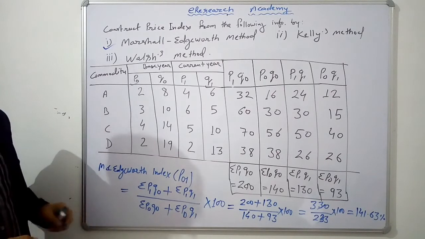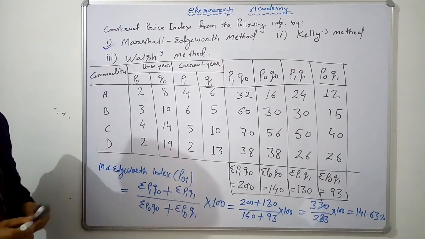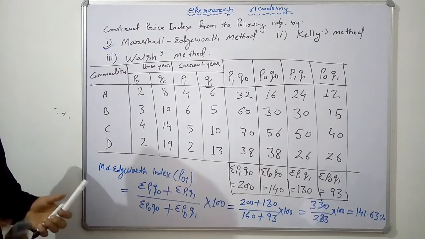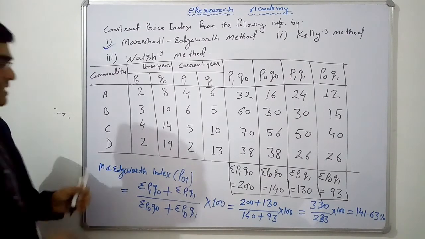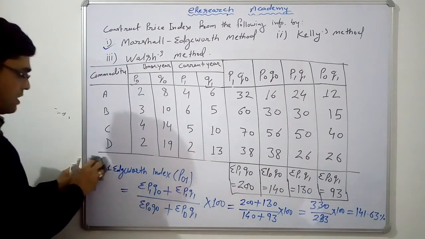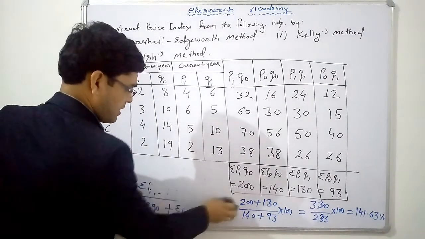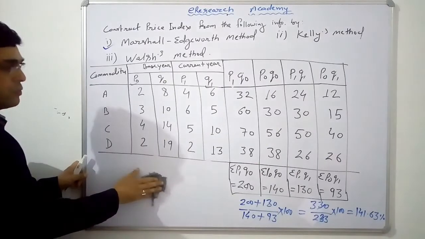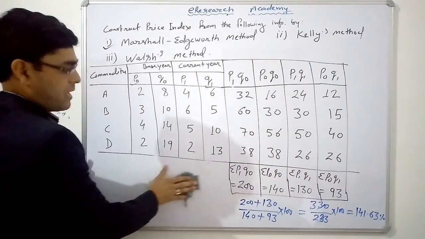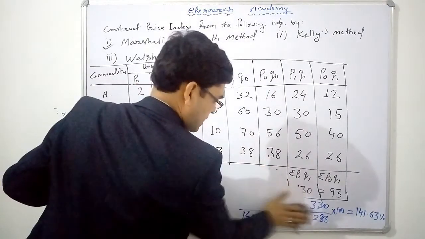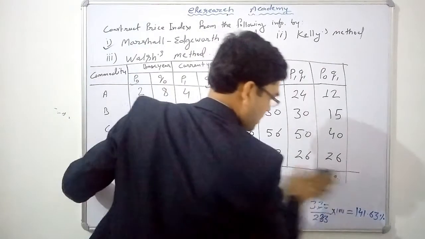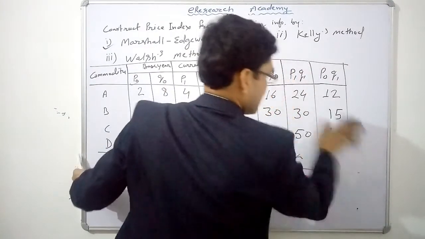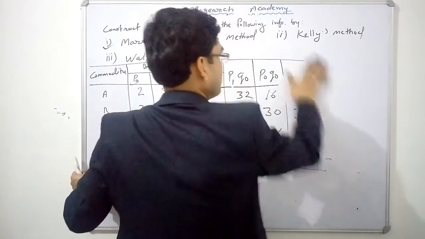Next we have Cayley's method. For Cayley's we need to do some more exercise here, that is, we need a new Q. We don't need any column or calculation from the previous method for Cayley's.